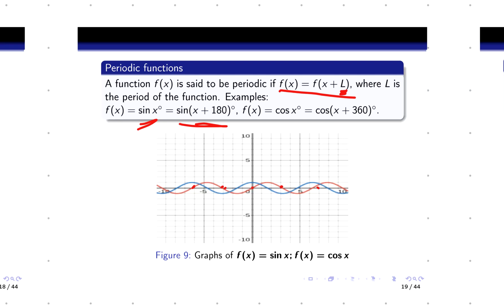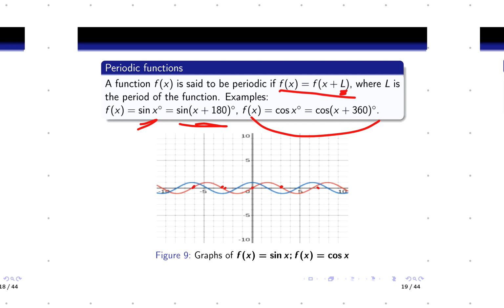Sorry, it's pi, right? 2 pi is 360 degrees, so pi. So for sine the period is pi. Then of course for cos, it comes back to the same thing after every 360 degrees. That's for cosine. Okay, so that's a periodic function.